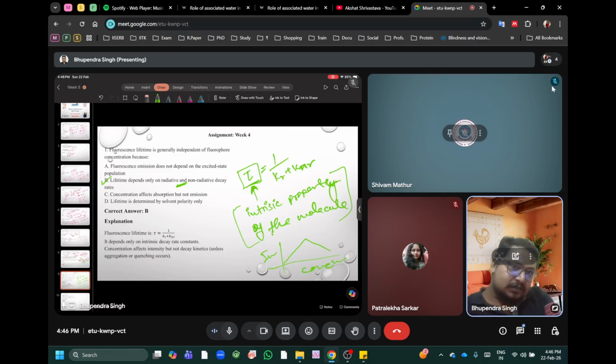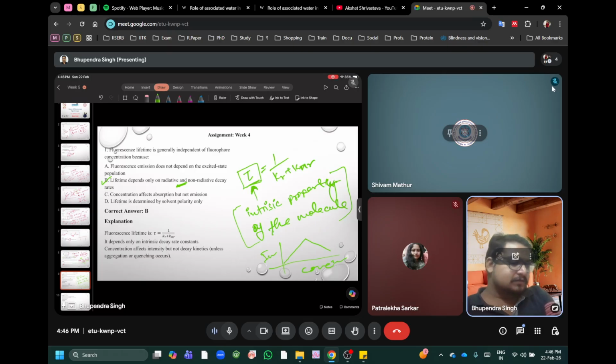In that condition, the lifetime of the molecule can change. By forming the dimer or trimer, the fluorescence intensity might quench and the lifetime might vary. So in that condition, the lifetime can vary with increasing concentration. But ideally, it doesn't. The lifetime is an intrinsic property of the molecule. It doesn't depend on the concentration.